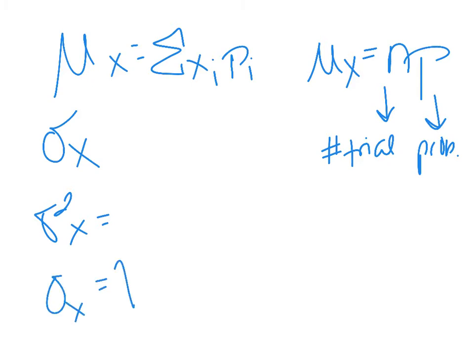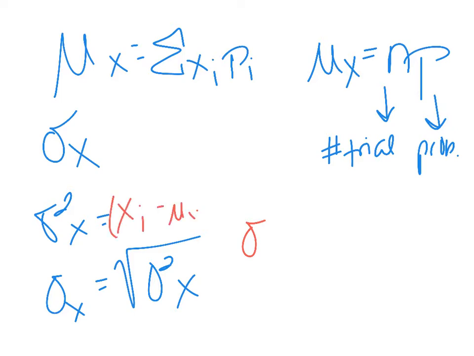Before, the variance formula was the data point minus the mean of x, squared, times the probability that it will actually happen, and we sum all those up.